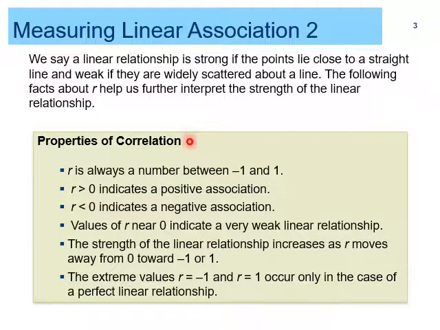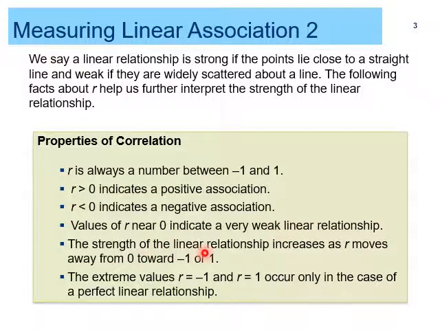Properties of correlation. Correlation is represented by R, and R is always a number between -1 and 1. When R is greater than 0, it indicates a positive association, whereas when R is less than 0, it indicates a negative association. Values of R near 0 indicate a very weak linear relationship.